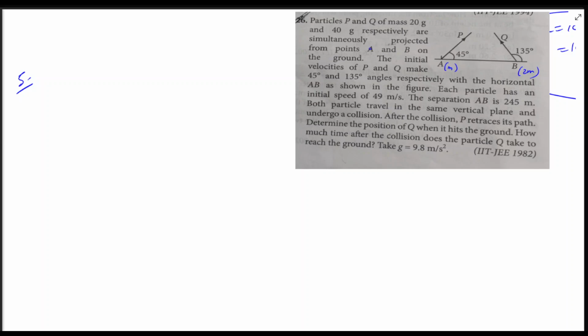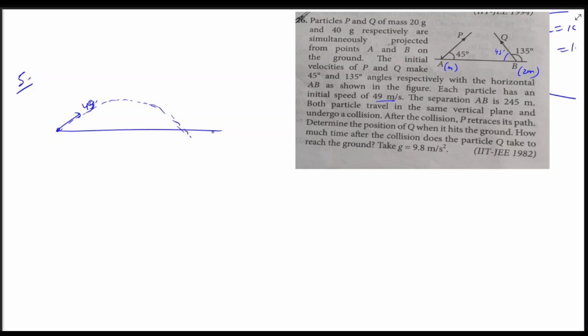Again, we have to use something like that, right? Initially the velocity of particle P is at 45 degrees with the horizontal AB. Each particle has an initial velocity 49. Okay, so the situation is like this. This particle is projected with 49 and it will move like this, right?